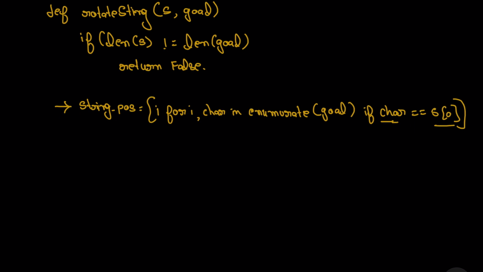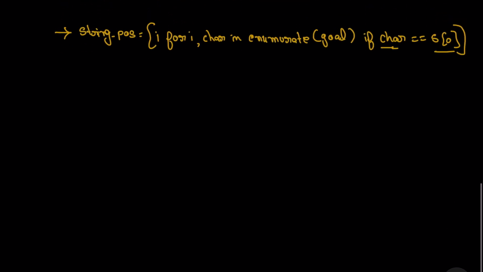Now once we have got all the string positions where my first character can be present, we will start iterating over the initial string and the final string to see if a match is found or not. The code is again very simple for that. Let's say for start in starting positions, because I want to check for all the starting positions that are there.